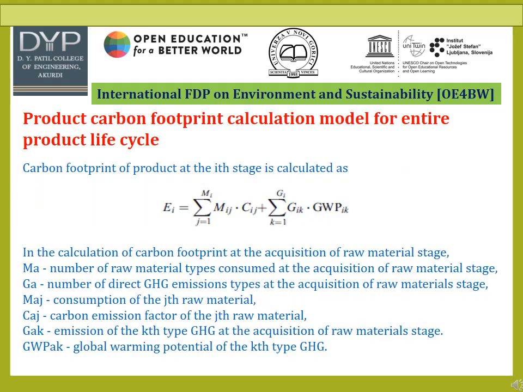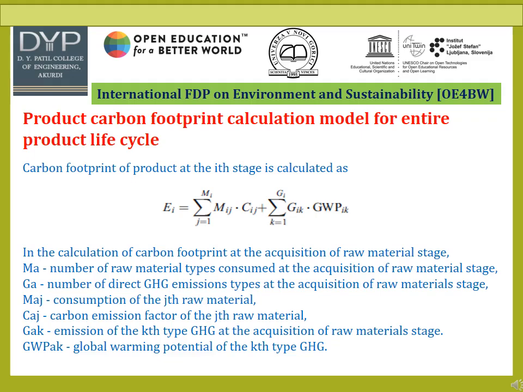The formula Ei = Σ Mij × Cij, from j = 1 to Mi, plus Σ Gik × GWPik, from k = 1 to Gi, is the general formula which will be used to calculate the carbon footprint of the product at each stage.